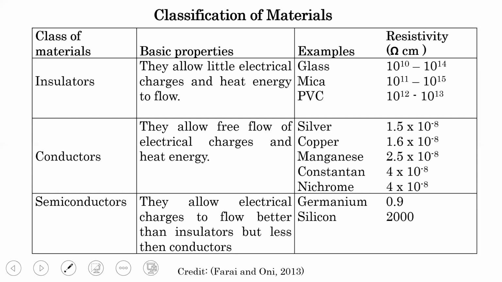So let's move ahead. Let's talk about some classes of materials. We have insulators, conductors, semiconductors, and superconductors. Conductors are materials that allow free flow of electrical or heat energy, while insulators prevent easy flow of heat or electricity. Semiconductors are best defined with electricity, not heat flow.